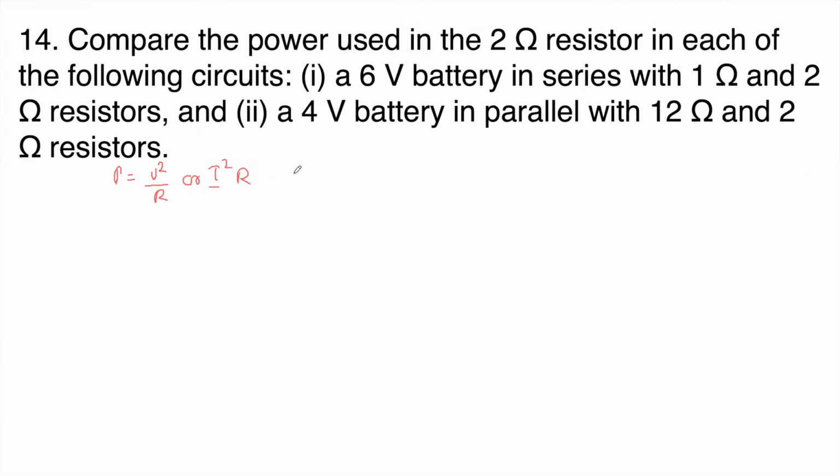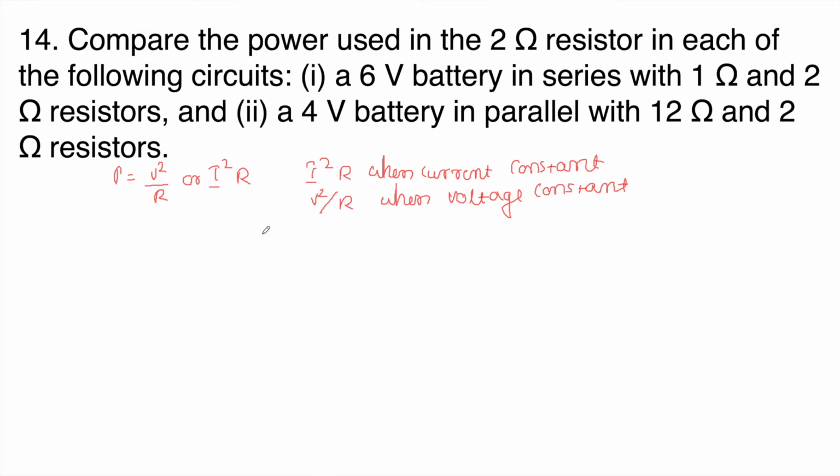Okay, so we can observe that I square R we are using when current is constant. Okay, V square by R we will use to find power when voltage is constant. Okay, in this way easily we can choose which formula we should use here.